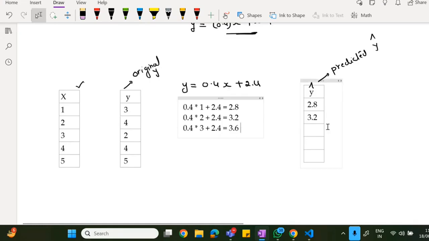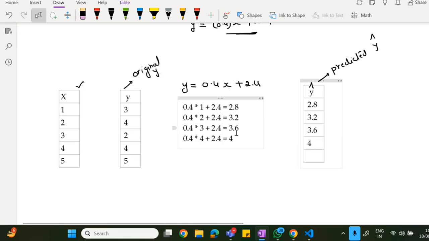Again, here there is an error. Okay. Let's do the next one. That is 4. I got 4. Here I was expecting 4 and I got 4. So there is no error over here.